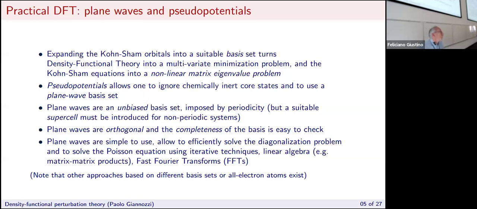Even if you don't have one, you have to invent one. And you need a lot of plane waves in spite of the presence of pseudopotential. So there is a trade-off between the simplicity of plane waves and the number of plane waves that you need in practice.